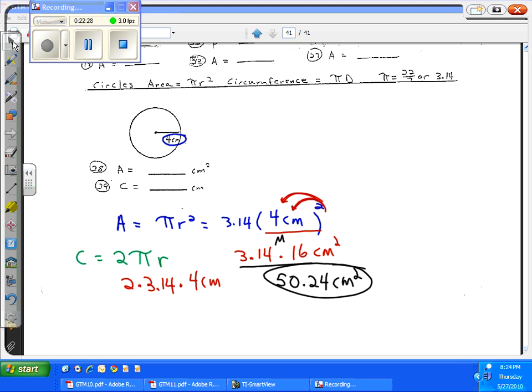We multiply the numbers and we multiply the names and we get a new name. 4 times 2 is 8. 8 times pi is 25.12, and the name tag on 25.12 is centimeters. So the area is 50.24 square centimeters. The circumference is 25.12 centimeters. Any questions on 28 and 29? Okay.